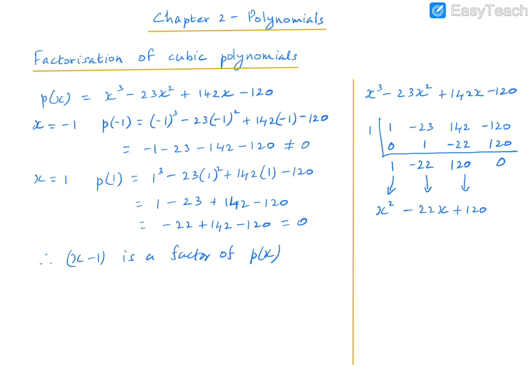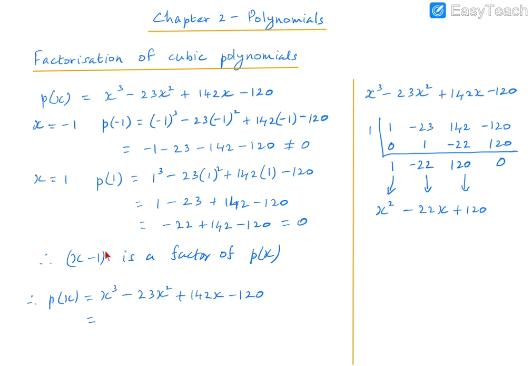So our p of x now can be written as, let me write that here. Therefore we can write p of x, which is equal to x cube minus 23x squared plus 142x minus 120, as a product of its factors.